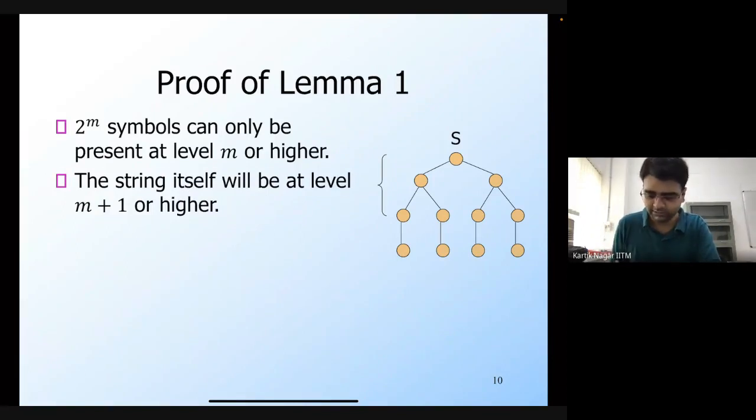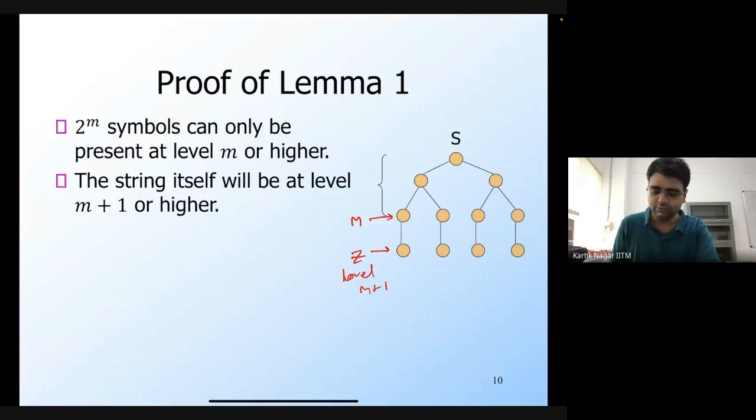So this will be the level m, so I'll have 2 to the power m nodes. And then once I have 2 to the power m nodes, I can use the terminal production rules. So therefore the string itself is going to be present at this level, and so that will be at level m plus 1.